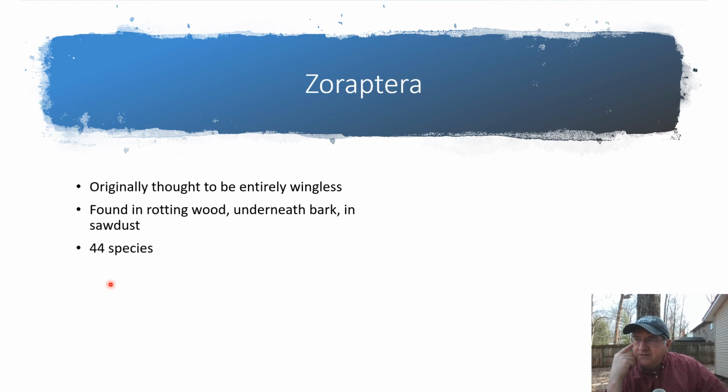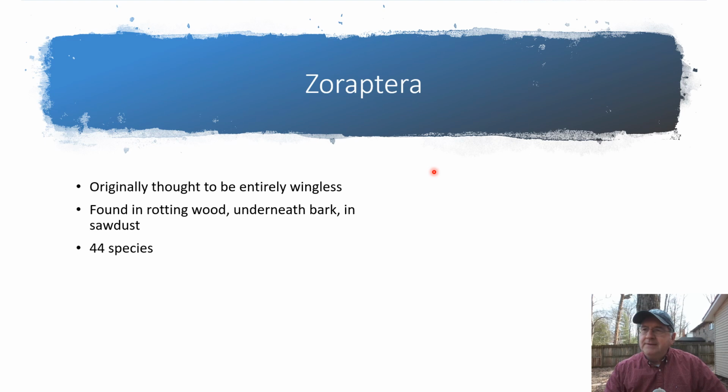When they were originally described, and it's one of the orders of insects that is relatively recently described, it was thought that they were entirely wingless, and so that's the meaning of the ordinal name, Aptera meaning without wings, and Zor meaning pure, I believe, or perfect, pure, I think. So it turns out it's not true, and so the ordinal name is actually a bit of a misnomer, but it's what we use. We'll stick with it.